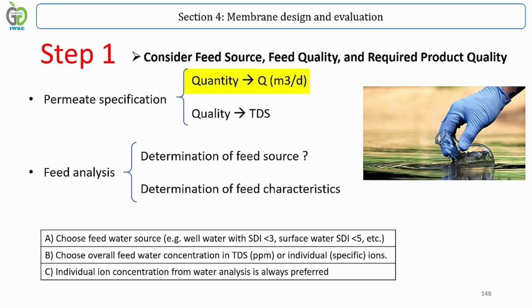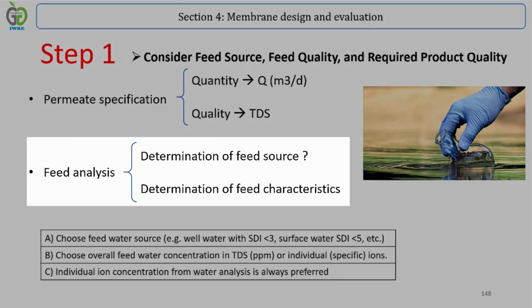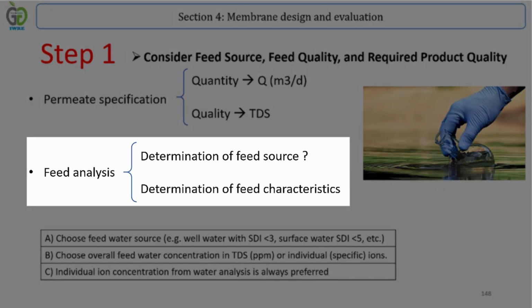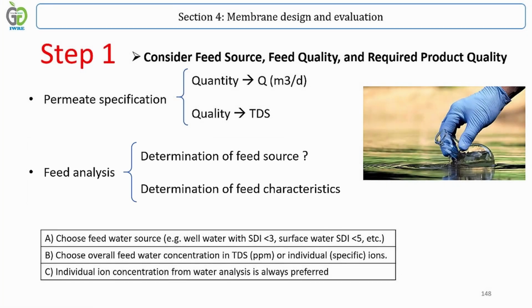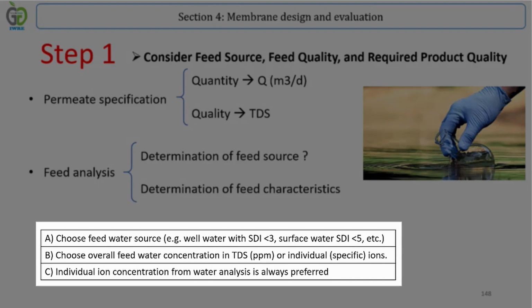The volume of water required per day is specified in cubic meters per day. The membrane system design depends on the available feed water and the application. The system design information and the feed water analysis should therefore be collected first. You can also use this guideline.